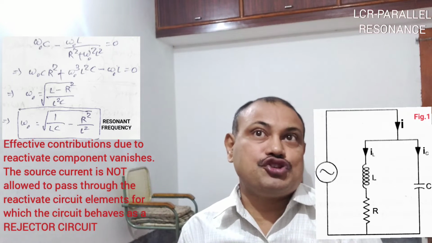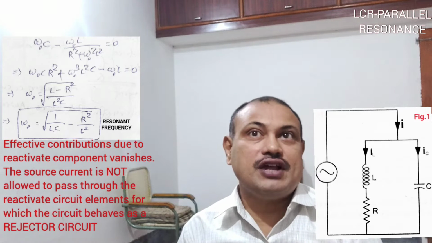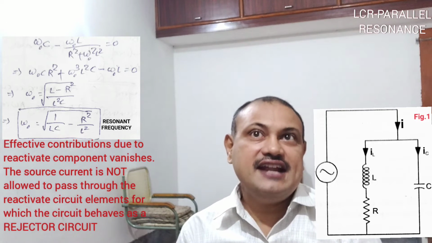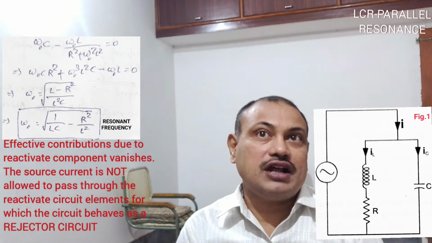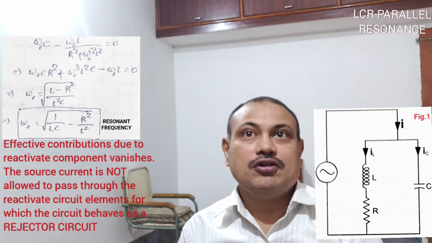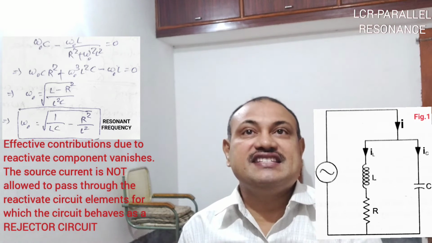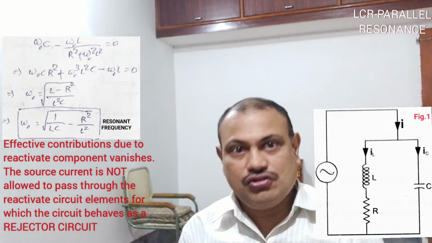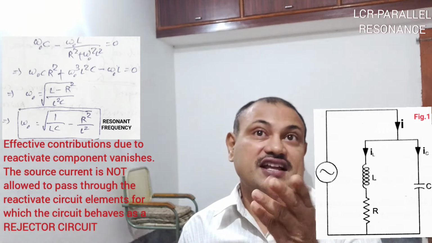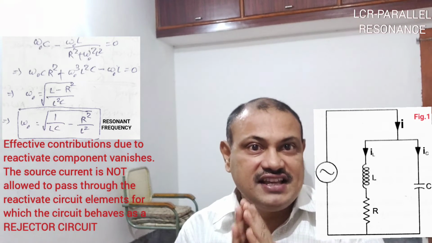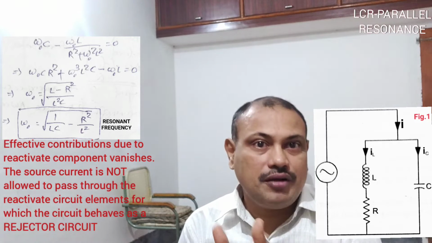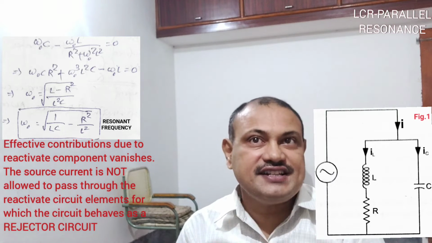The effective contribution due to the reactive component at resonance vanishes, and current from the source is not allowed into the reactive component. This is why the LCR parallel circuit at resonance is known as a rejector circuit: the current is rejected from entering from the source.